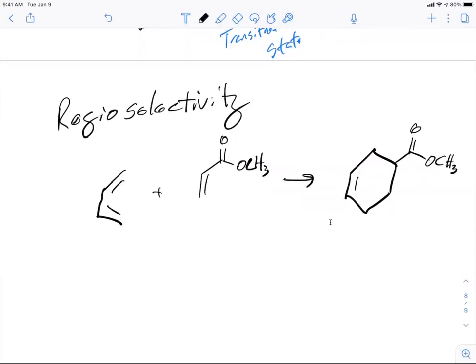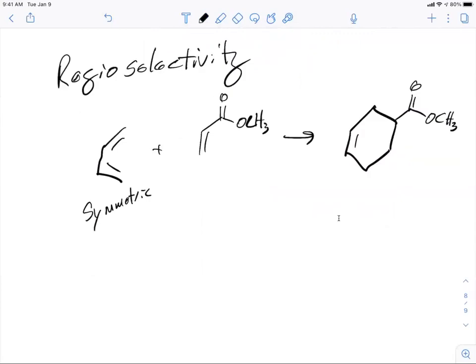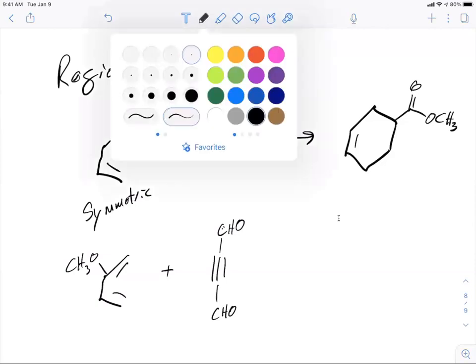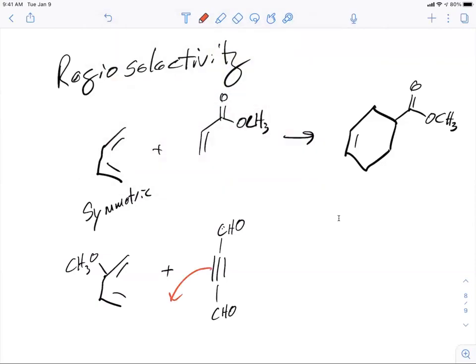So it's symmetric. So we could have a symmetric diene. You could also think about the example of bringing in an electron-rich substituted diene and reacting that with a symmetrical dienophile. And in this case, we haven't shown one of these yet, so let's look at this dialdehyde, this 3-member dialdehyde, right? So again, we're just going to use one of the pi bonds.